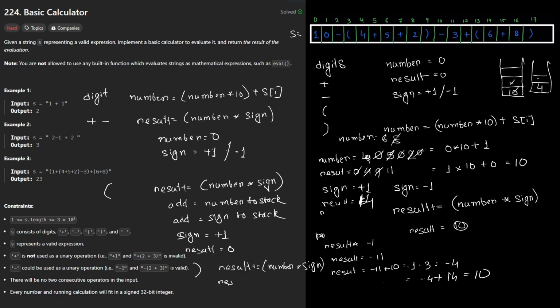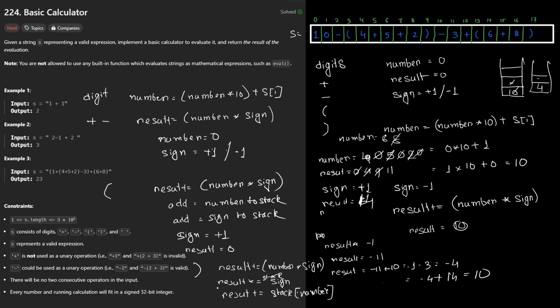So the result would be result multiplied by the stack sign, then result plus equal to the popped out number, the stack number.